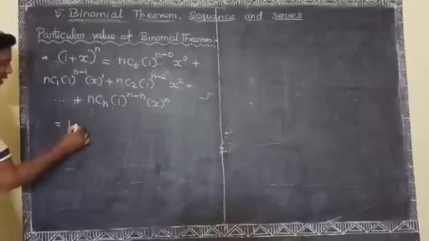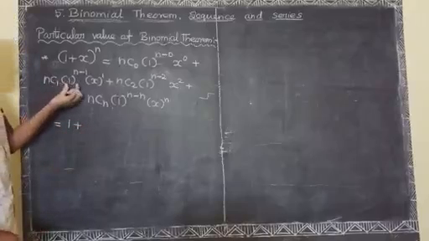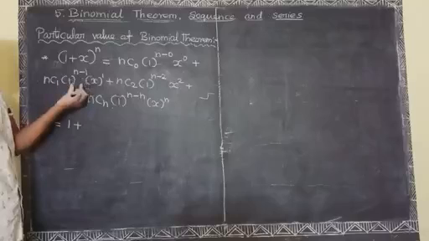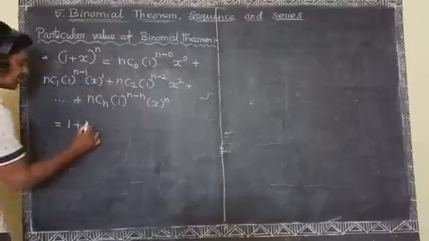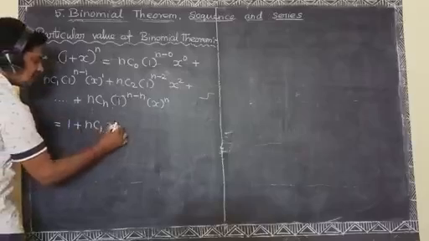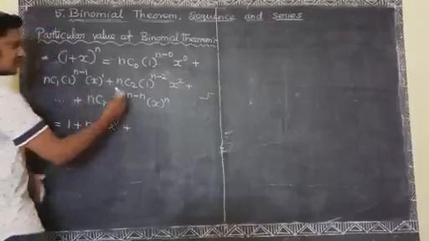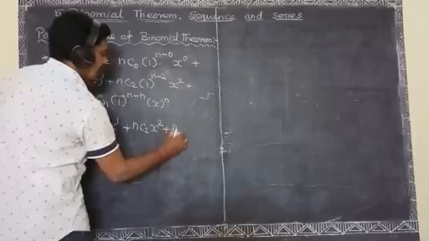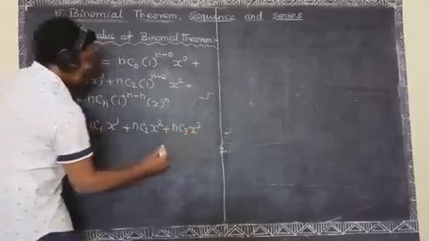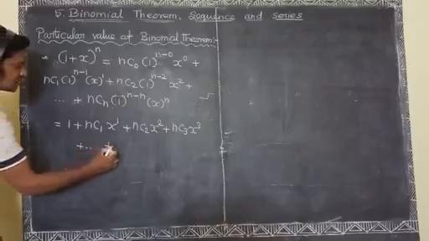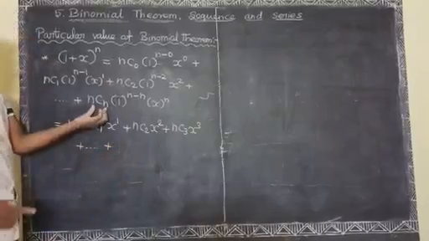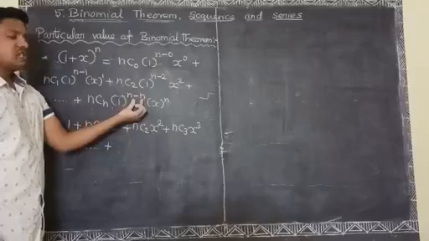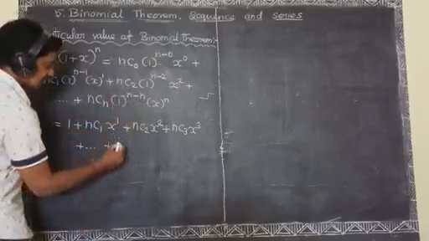The first term is 1, plus the second term, 1 power anything is 1, nc1 x power 1, plus the next term nc2 x power 2, plus nc3 x power 3, and so on, plus ncn, where 1 power n minus n is 0, anything power 0 is 1, x power n, that is the last term.